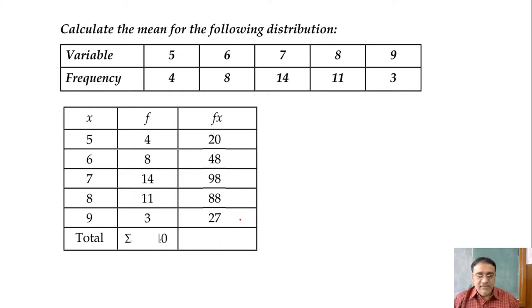So what we are getting, 40 and 281. So we'll write the formula. Formula is summation fx upon summation f.